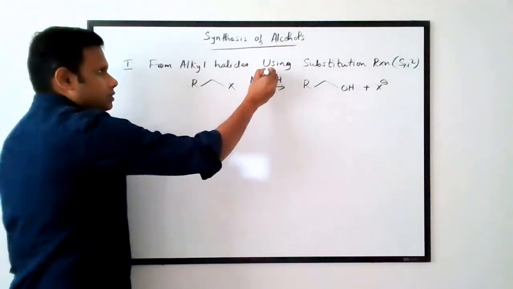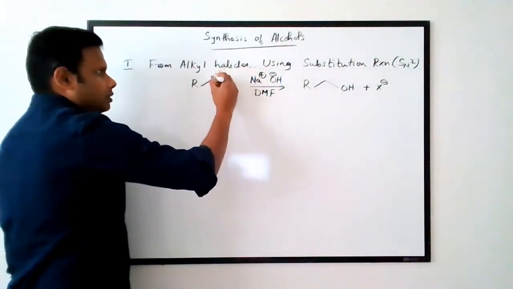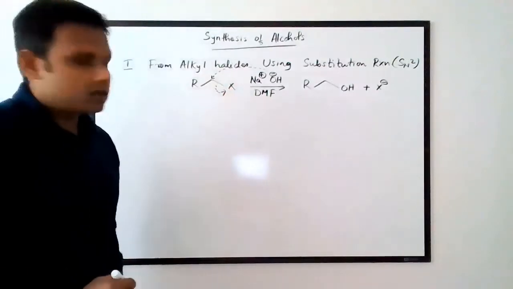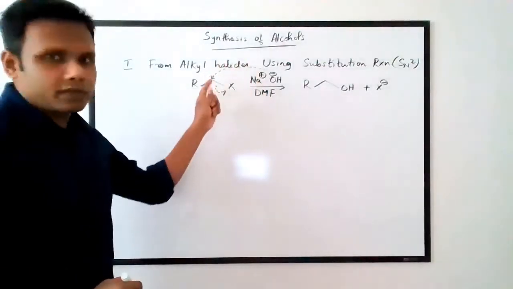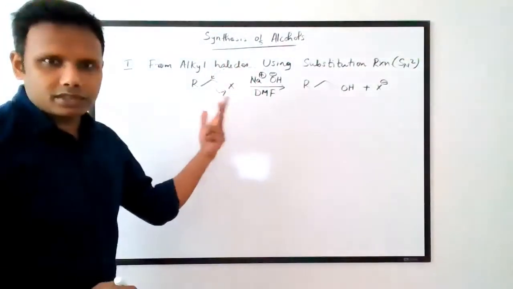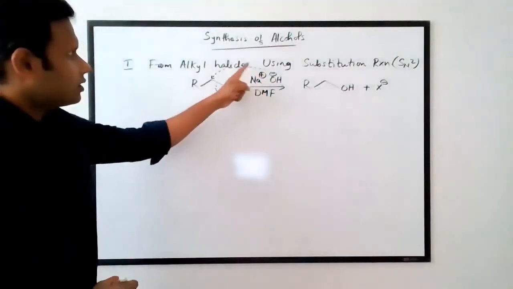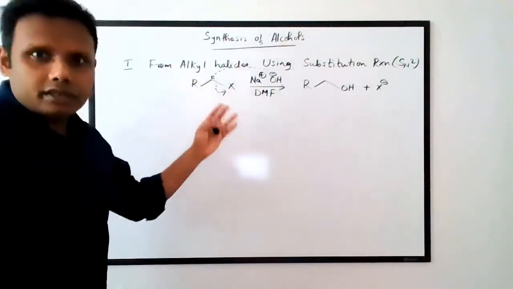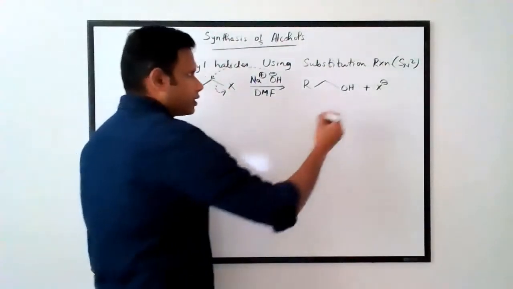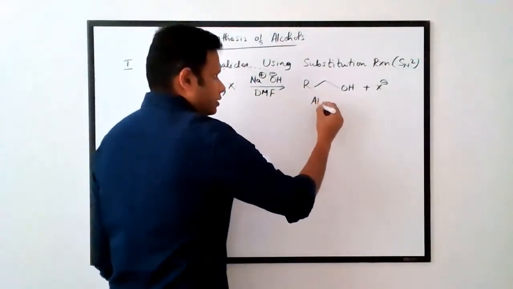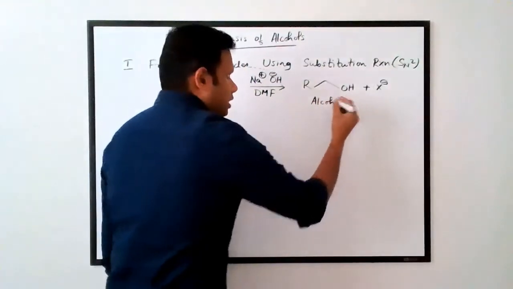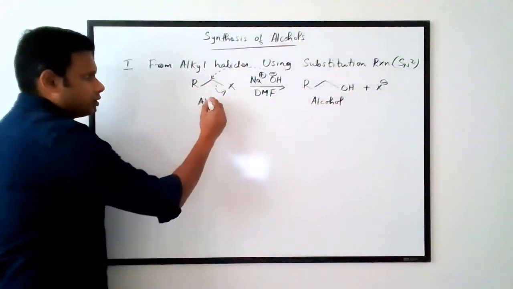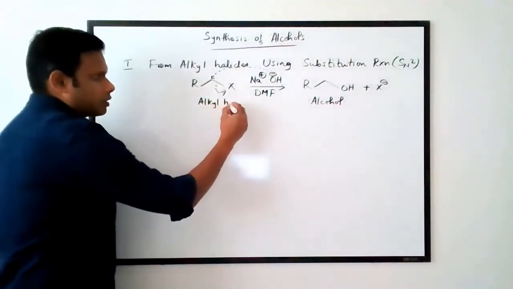And since this is an SN2 reaction, I hope you recollect that this is a synchronous, or simultaneous, concerted process. The hydroxide attacks and the halide leaves. That's a good nucleophile. So we start from an alkyl halide, and our product is an alcohol.